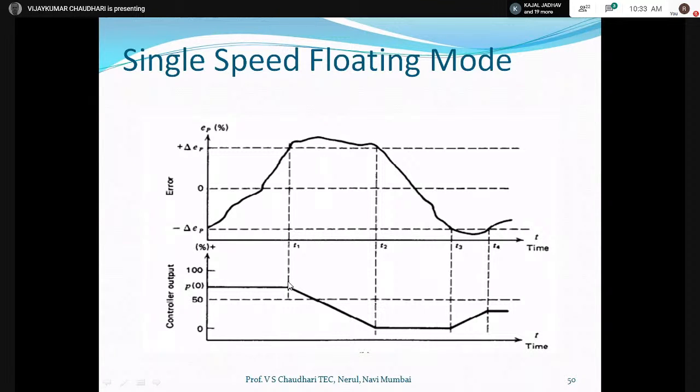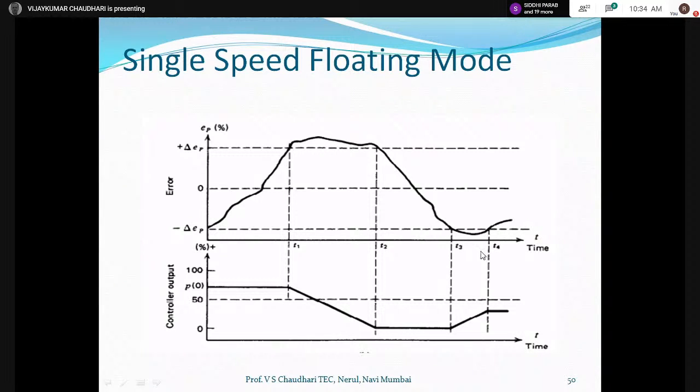So output is floating, and this is single speed. The rate is either plus minus k, or here it is plus k. At this point again the error enters the neutral zone and output will remain the same as wherever it was. It will continue up to this point when it drops below the neutral zone.